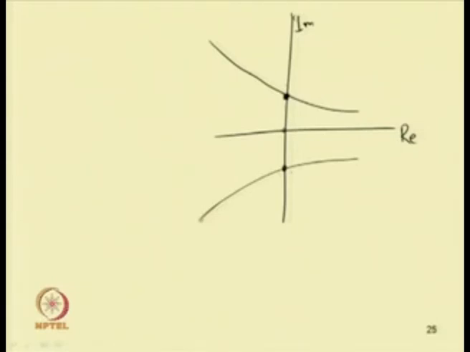The periodic response which is generated may be stable or unstable. In the case of the Hopf bifurcation point, the fixed point response becomes unstable, but it generates a periodic response due to the presence of the imaginary part of the eigenvalue.